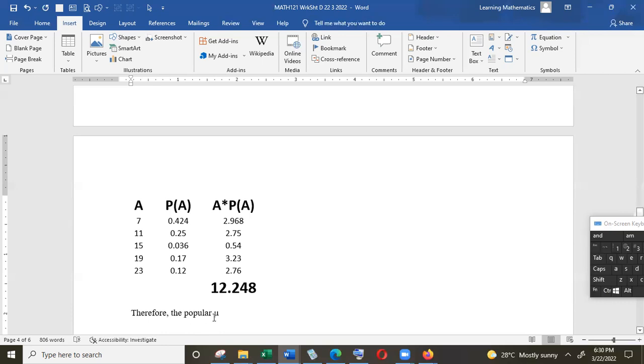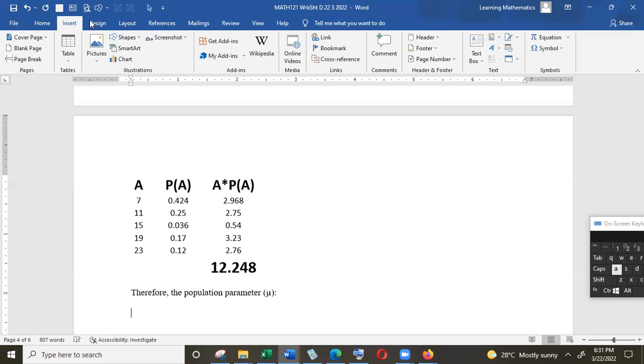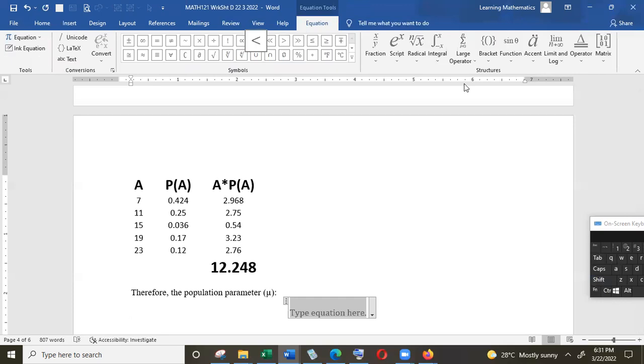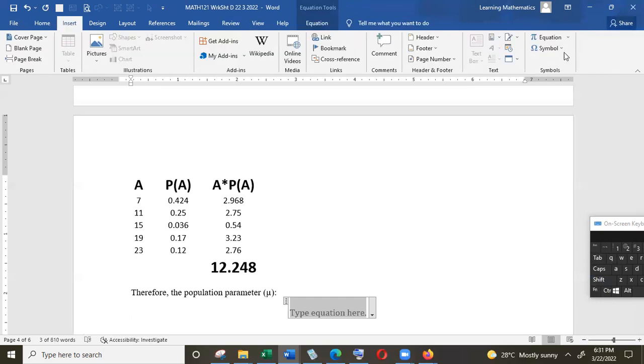But this is a population parameter. Mu is equal to 12.248.